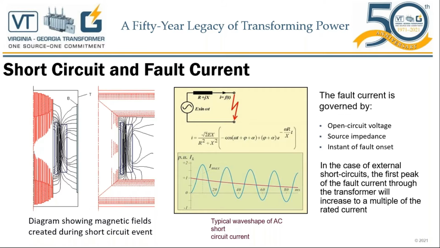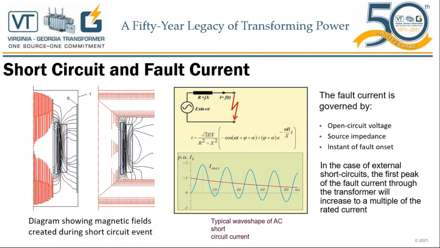What happens to the current? So let's go to the right side. Please look at this formula in the middle, which we will explain in the next couple of slides also. The fault current is governed by the open circuit voltage, of course, the system voltage of the transformer, the system source impedance, and the instant of fault onset.